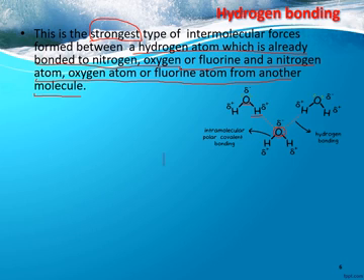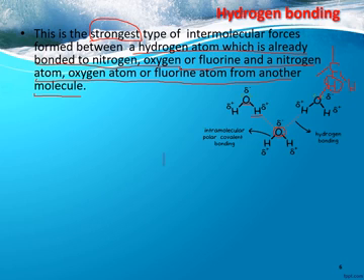But if I have a substance like CH4, we have hydrogen here, we have another hydrogen here, and other hydrogen, and another one here. The hydrogen we have here cannot form hydrogen bonding with this oxygen. Why? Because the hydrogen we have here is not already connected to oxygen, nitrogen, or fluorine.